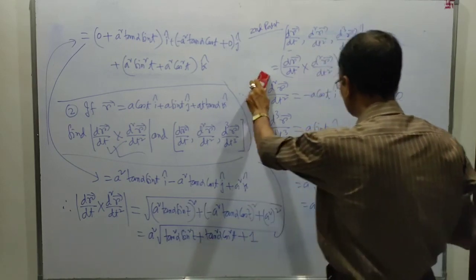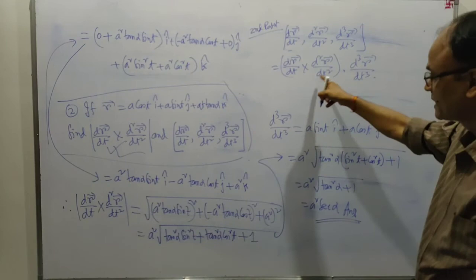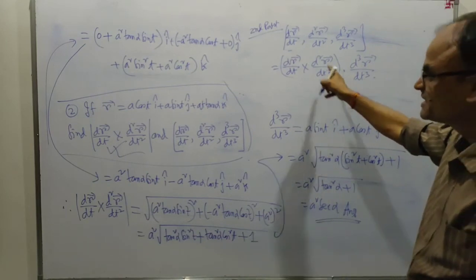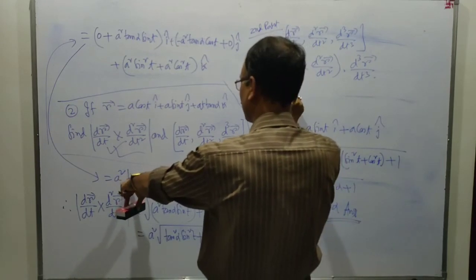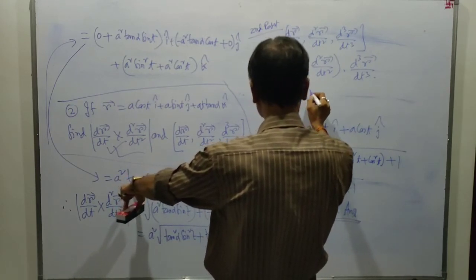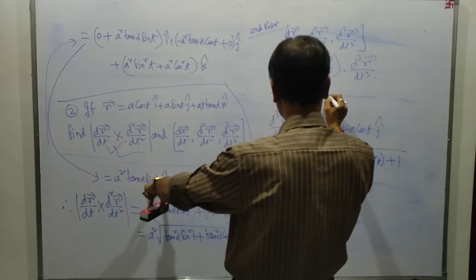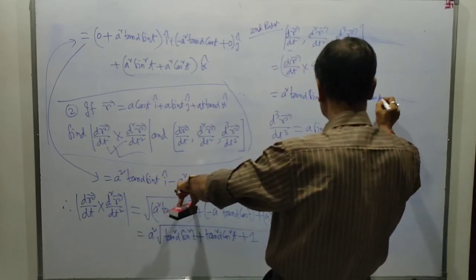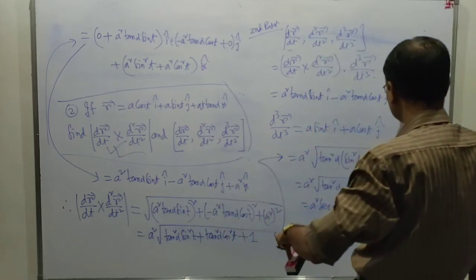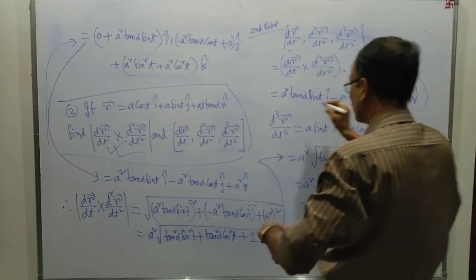You may write in this way. We have already calculated this. This is equal to a square tan alpha sin t i cap minus a square tan alpha cos t j cap plus a square into k cap.